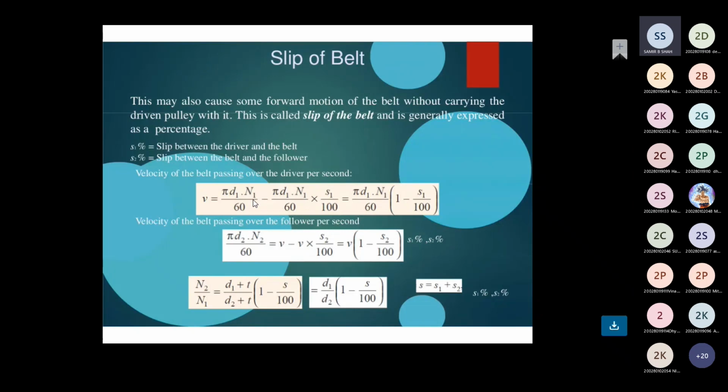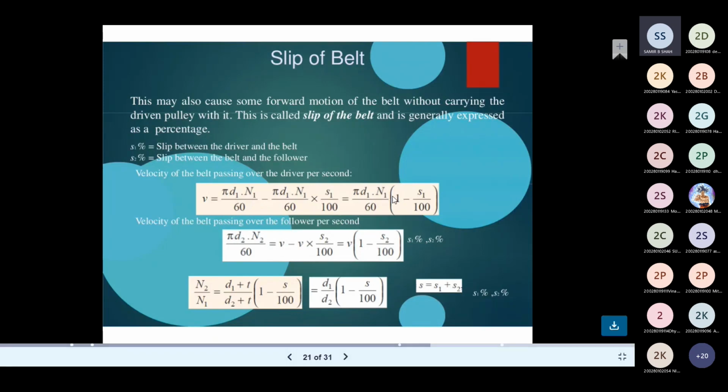So pi d1 n1 by 60 is common, and we have pi d1 n1 by 60 in the bracket (1 minus s1). That is for the driver, and for the driven we have pi d2 n2 by 60 is equal to, based on that, since we know very well that pi dn by 60 is considered as v, v in the bracket (1 minus s2 by s1).